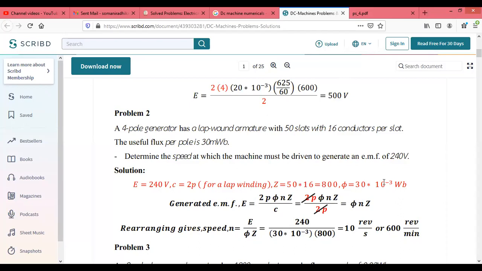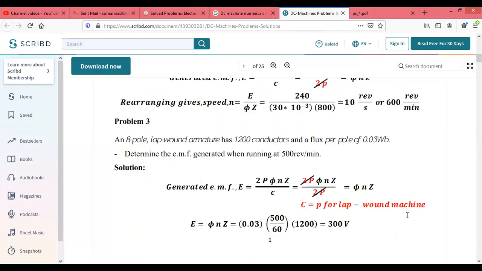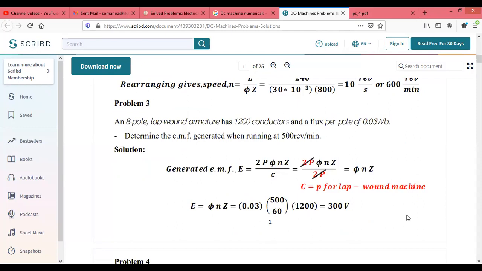So here, now we are supposed to solve one numerical. Again, this is also on the generated EMF equation, that is E equal to NPphiZ upon 60A. You can write that equation, or you can write it in the form of P and C. How do you write it?